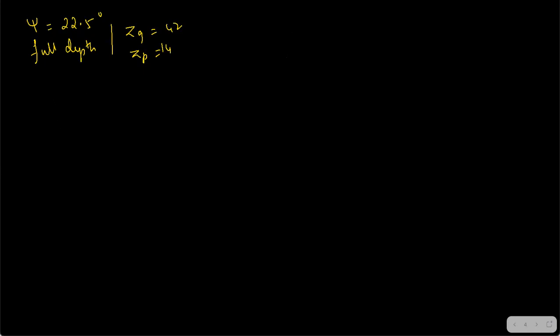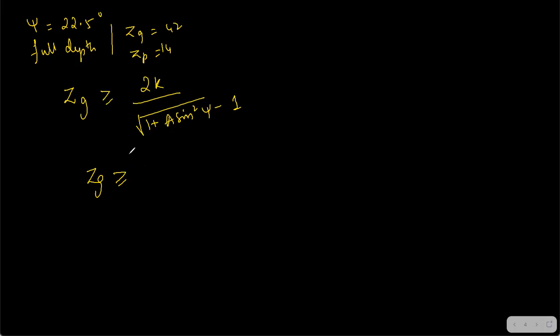You can use the same formula, but put ZG should be greater than or equal to 2K divided by lambda under root of 1 plus 3 sine square psi minus 1. Only the psi value is changed. In this case, let me calculate.